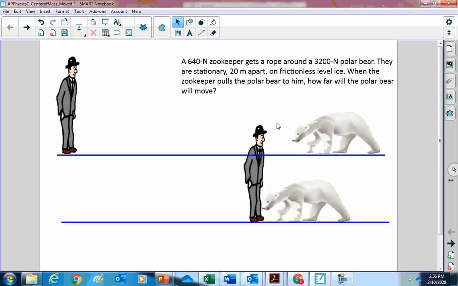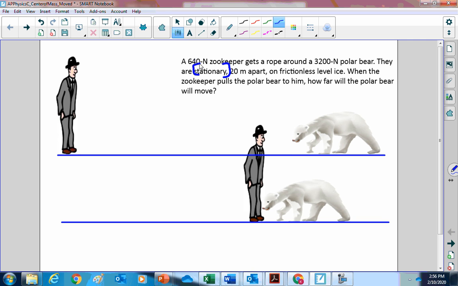Here is a situation where we are going to analyze the center of mass of a two-object system, and the two objects are going to start at rest and end at rest. So in this scenario, we know that the zookeeper and this polar bear are starting off stationary.